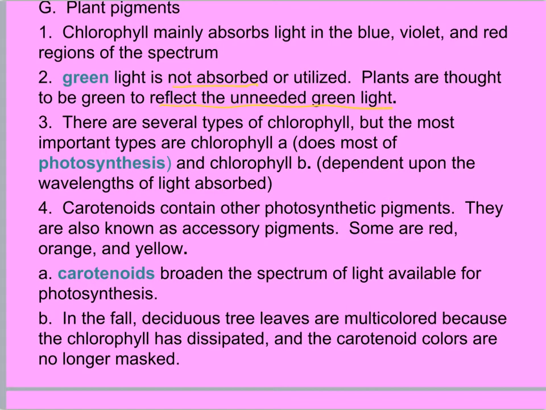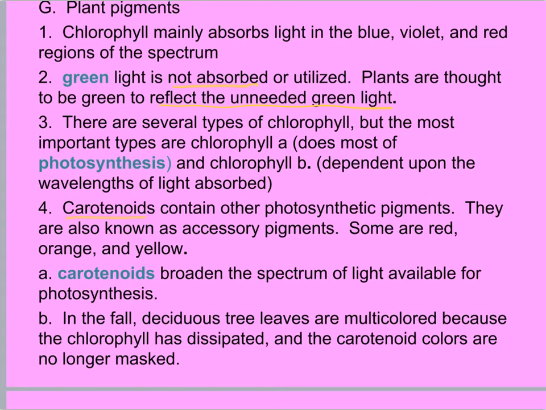So you have different types of chlorophyll, but most of the important types are chlorophyll A and chlorophyll B. Chlorophyll A does most of your photosynthesis. Chlorophyll B depends on what kind of light is being absorbed. Then you have carotenoids. That has other pigments.